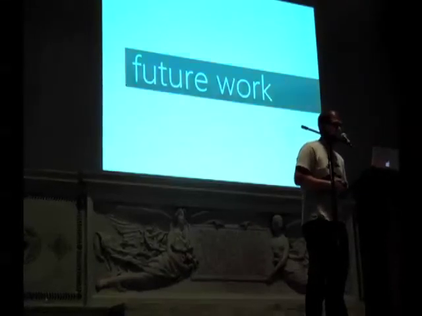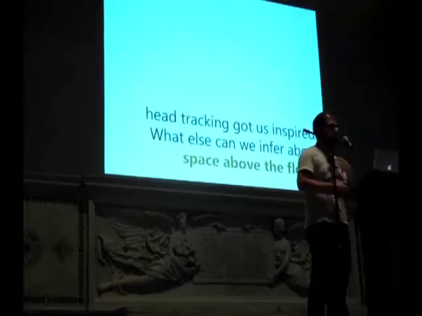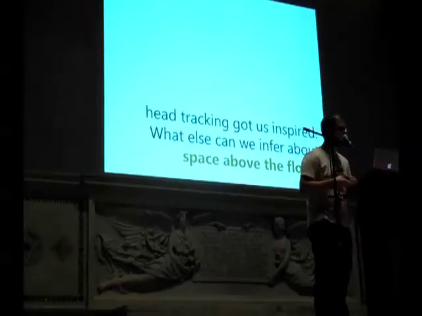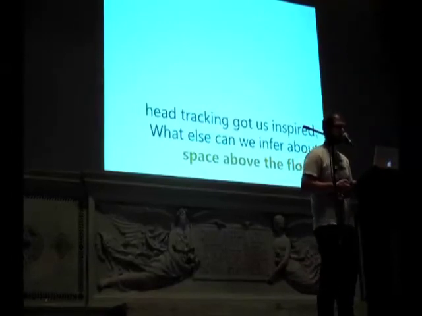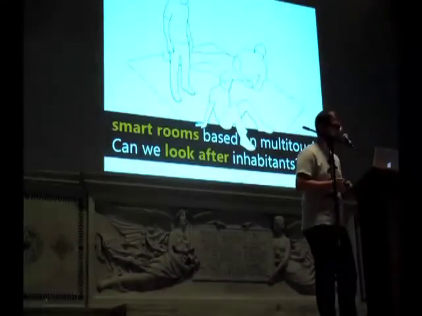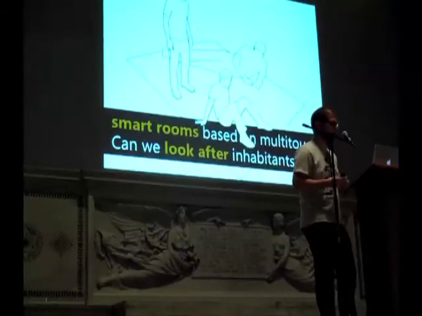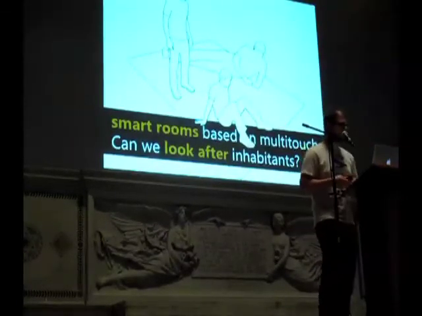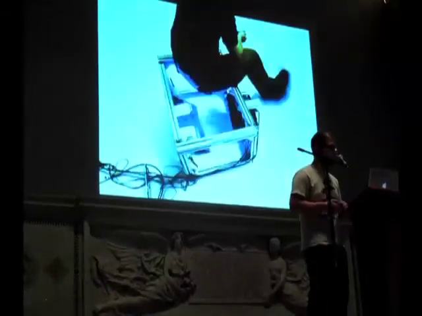So that got us thinking, and we were wondering what else we can do, like what else can we infer about the space or about what is happening above the floor. And so we are currently investigating how we can help smart rooms and how we can find out what is happening above the surface.